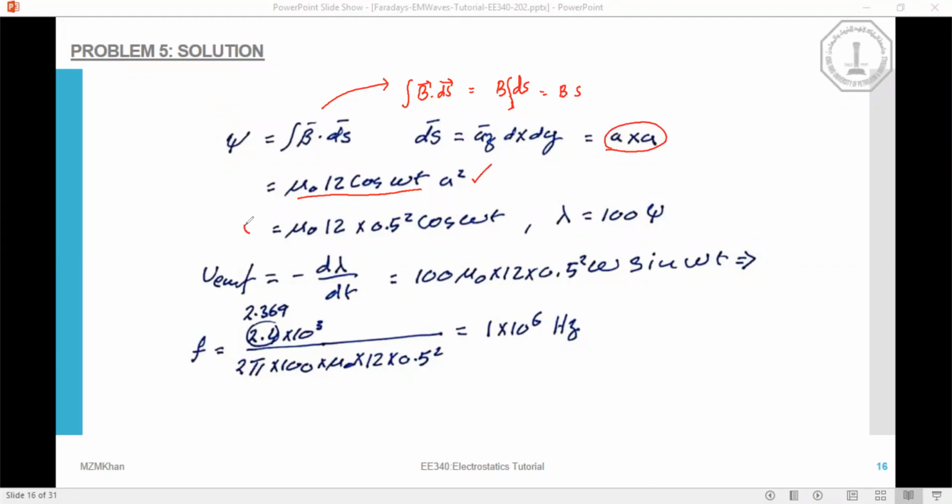So this is my psi, which is mu naught 12 multiplied by 0.5 square cosine omega t when I substitute a. And the flux linkage, capital lambda, is 100 times psi because the number of turns is 100. Therefore my EMF is minus d lambda over dt, which is this.